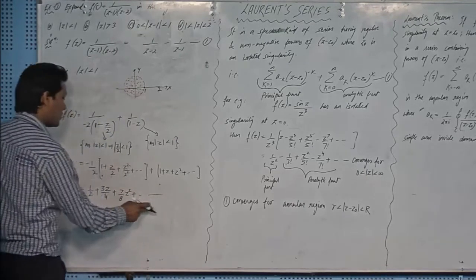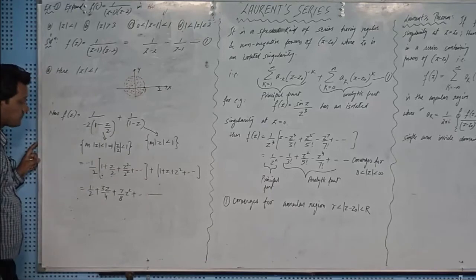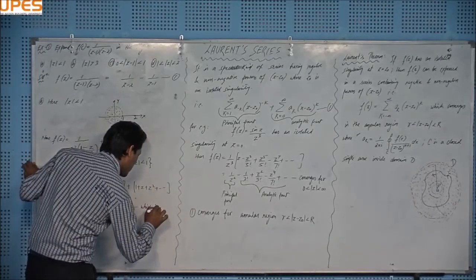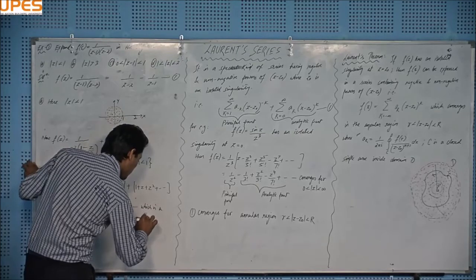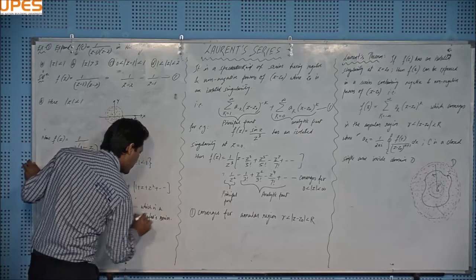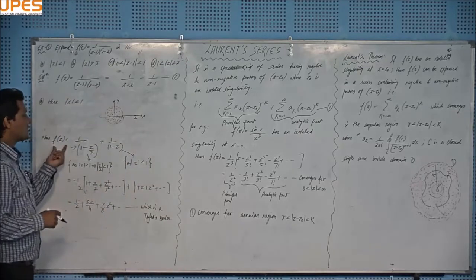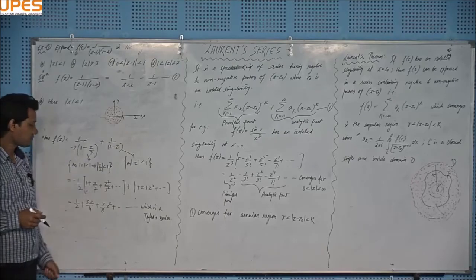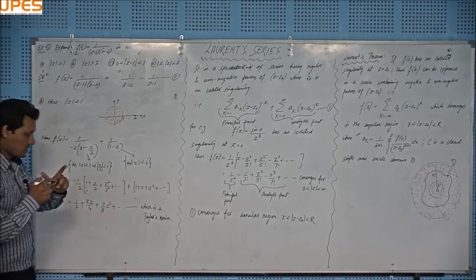So we can see that no negative powers of z, right? It implies that this is actually a Taylor series. It indicates that this function is actually analytic inside this disk, right? Taking its second part, B part.